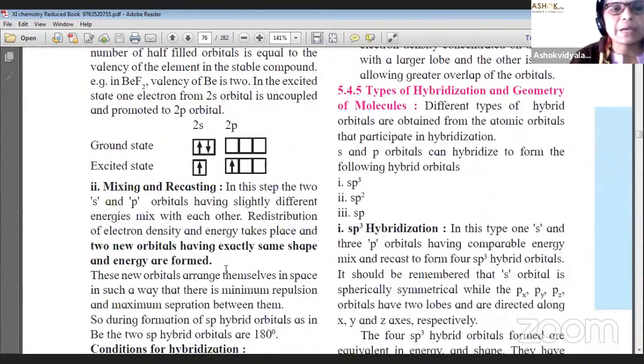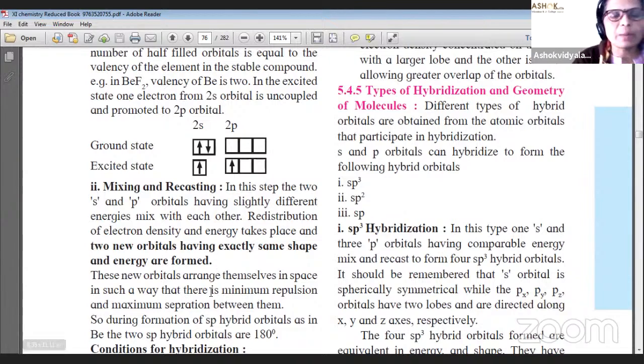Now mixing and recasting. In this step, the s and p orbitals, see this is the s orbital and this is the p orbital, there is slight difference in the energies of the 2s and 2p. They mix with each other and redistribution takes place. Electron density and energy are redistributed, and two new orbitals having exactly the same shape and energy are formed.